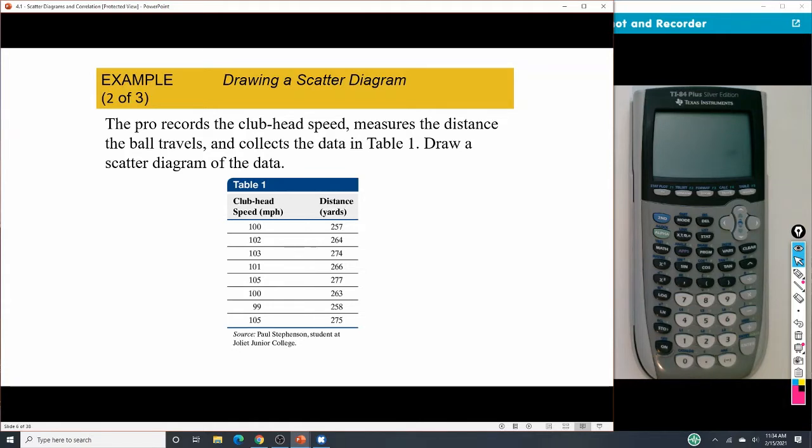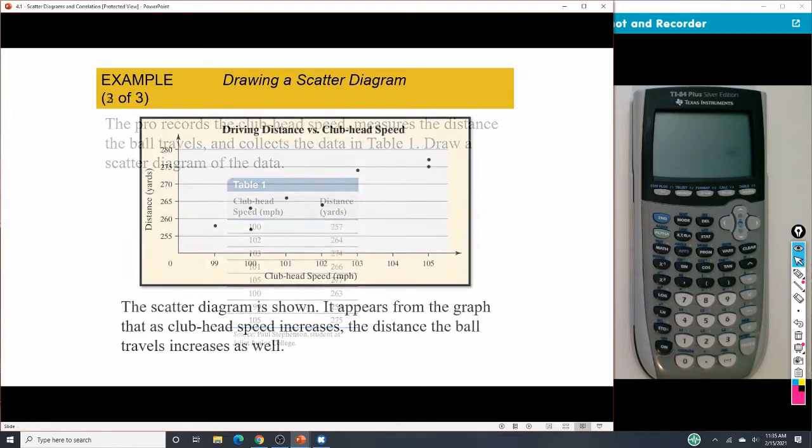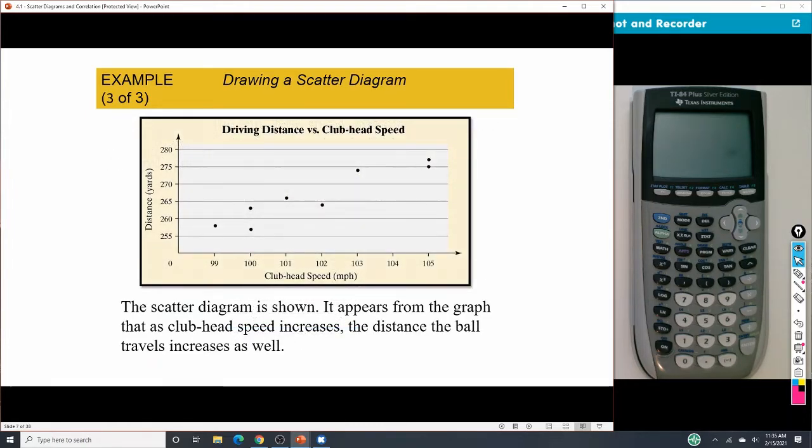And so we would just plot those points. Our club head speed would go on our x-axis, our distance would go on our y-axis. And so we would end up with a graph that looks like this, okay? That's going to be just comparing those things. Your homework is going to be multiple choice, so you want to be able to pick out those points from that and be able to tell what's going on there when you're looking at those pieces.